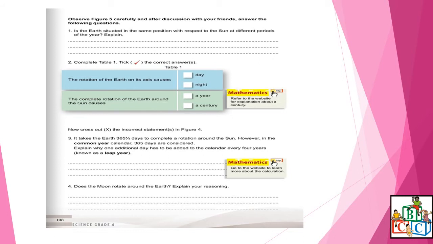What do you think? Of course not. The Earth is not situated at the same position at different periods of the year. So, if you study figure 5 carefully, you will be able to see that at a particular moment, the Earth is either to the right or to the left of the Sun, or in some other position.